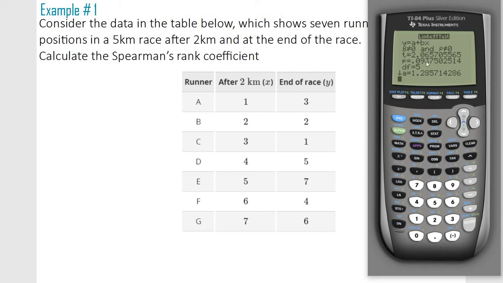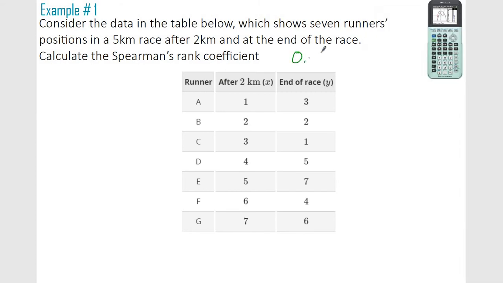Just like with Pearson, everything is kind of similar in that sense. You scroll all the way down and look at the r value. So here, the Spearman's rank correlation is 0.679. Again, we used LinRegTTest.